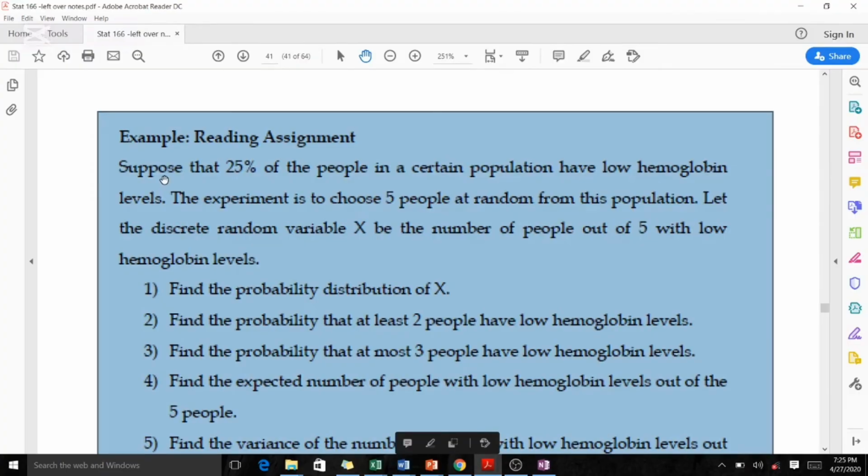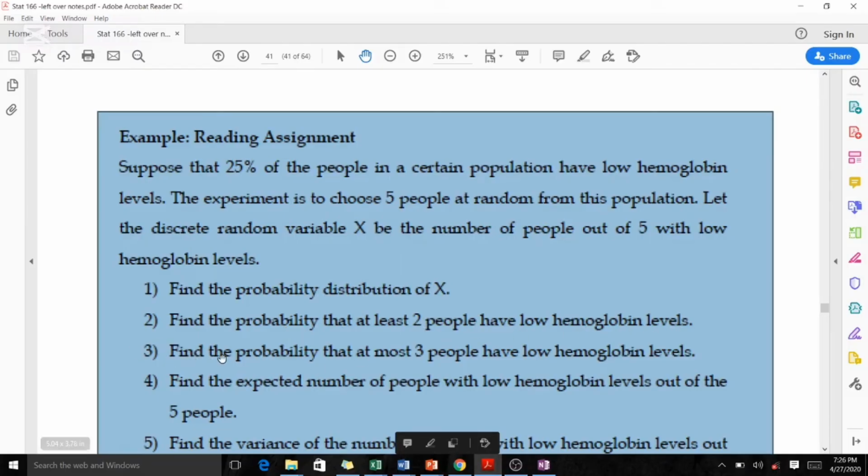The reading assignment here is: suppose that 25% of people in a certain population have low hemoglobin levels. The experiment was to choose 5 people at random from the population. Let the discrete random variable x be the number of people out of 5 with low hemoglobin level. One, find the probability distribution of x. Two, find the probability that at least 2 people have low hemoglobin level.